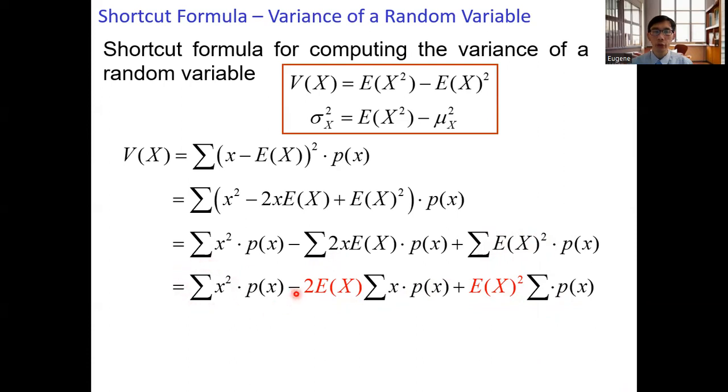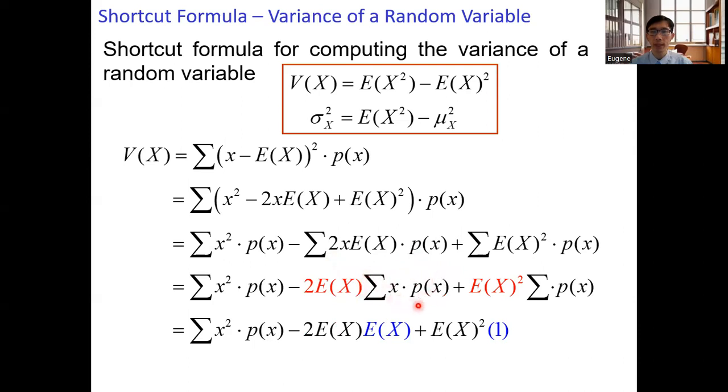So what is the first term? The first term is the summation of X squared times P of X. And then the second term, we have the summation of X times P of X. And then the last term, we get the summation of P of X. So the second term, the summation of X times P of X is E of X. And the last term, the summation of P of X is 1.